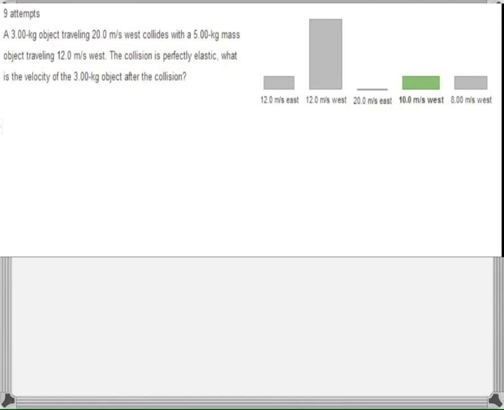So all initial velocities are given, and you will find the final velocities. Let's write all the given values. M1 is 3, M2 is 5, V1, the initial velocity of the first object, is 20, and V2 is 12.